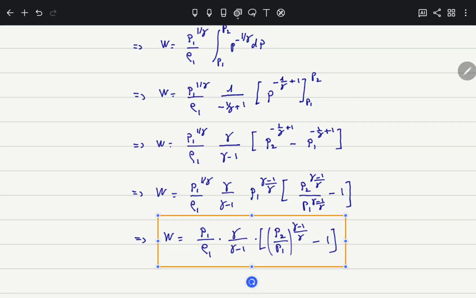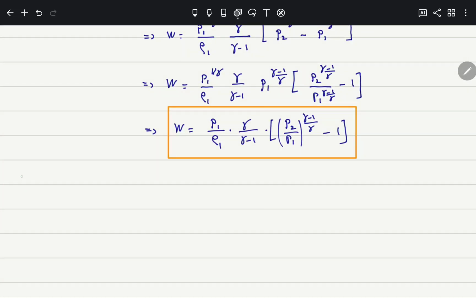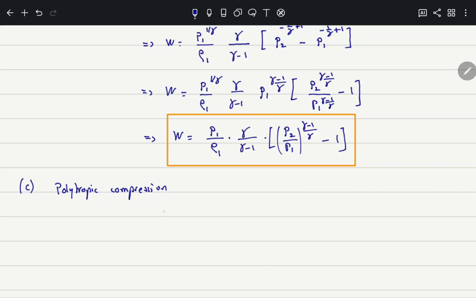And finally, that's the last case. If we have a polytropic compression, then in this case, we have P divided by rho to the power n equals a constant.